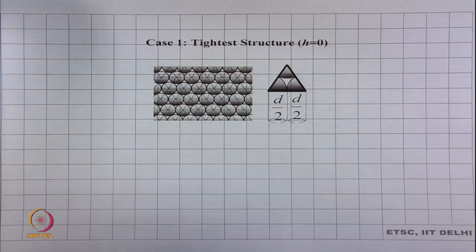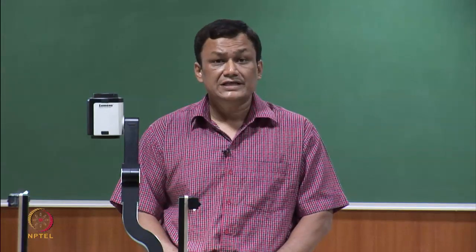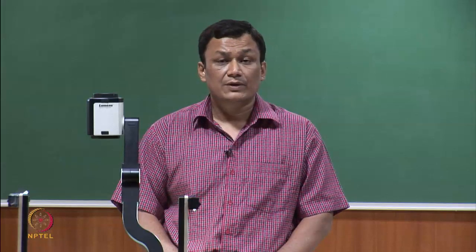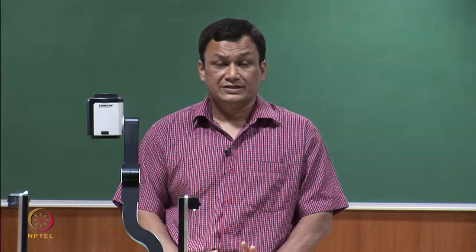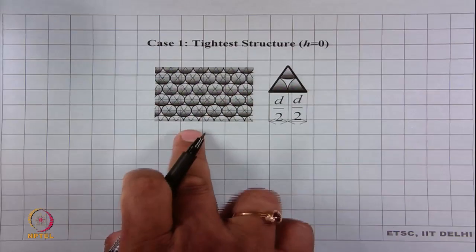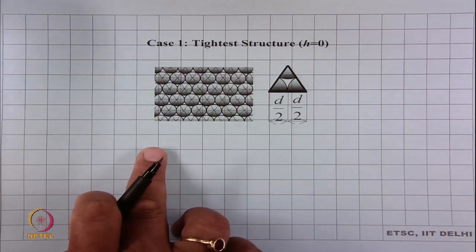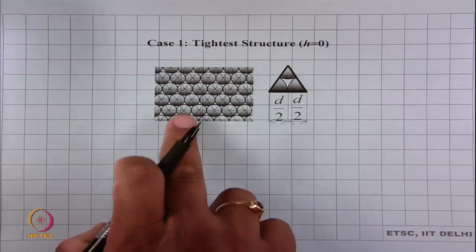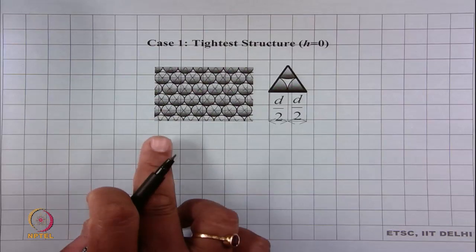So, first case, tightest structure. How do we define tightest structure? The structure where distance between fibers is equal to 0. That means, fibers are touching each other. So, here you see in this image the fibers are touching each other, very little white spaces you can see, that is basically occupied by air.